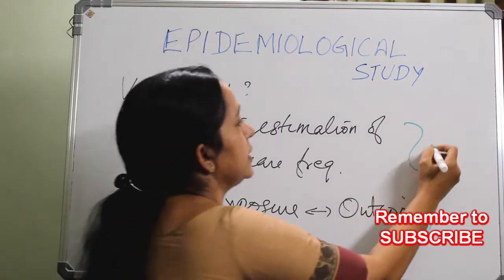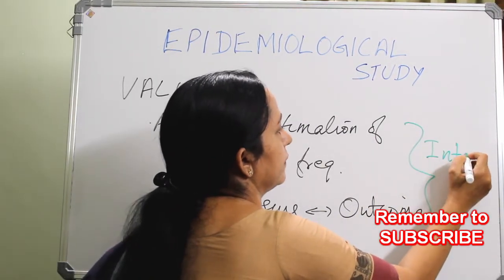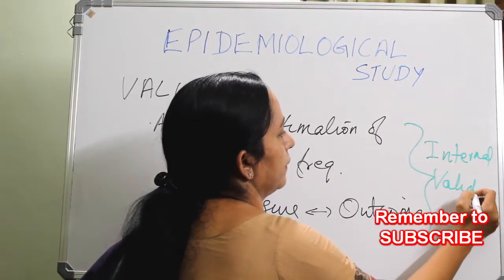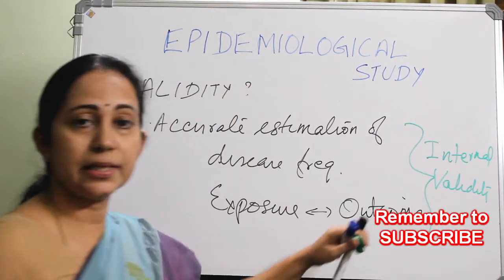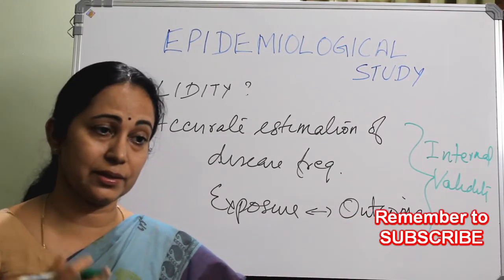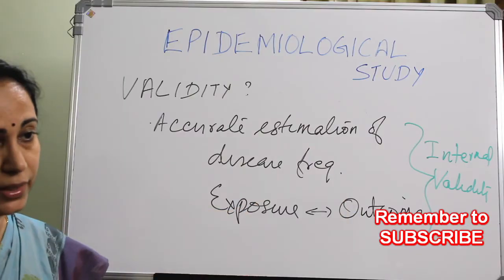So that is called internal validity. By correcting the methodology, we can increase the internal validity.